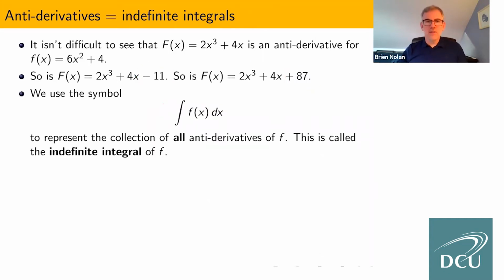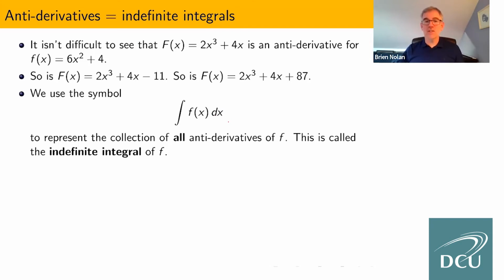So when we're asking for an antiderivative, in some sense we're asking for all antiderivatives. There's no increase in difficulty between finding one and finding all, because the only difference is that we have to add on a constant number. So we use this integral symbol without limits to represent the collection of all of the antiderivatives of f.